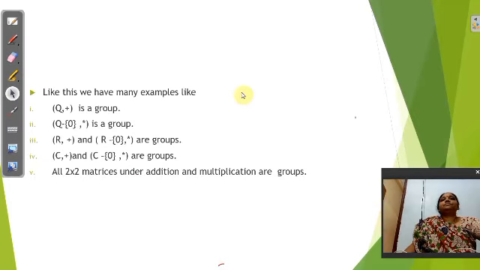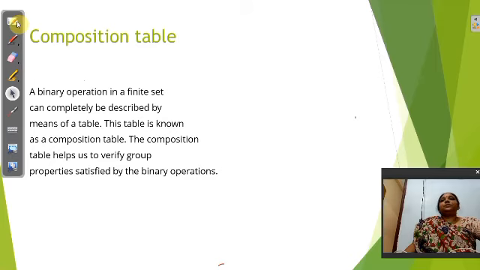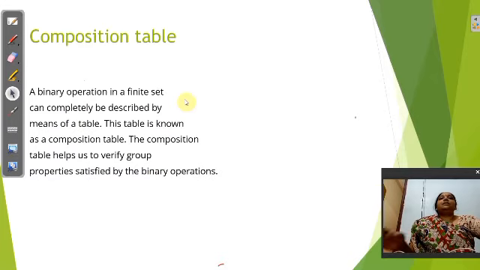Next, the composition table. A binary operation in a finite set can be completely described by means of a table. This table is known as the composition table. It helps us verify the group properties satisfied by the binary operation.